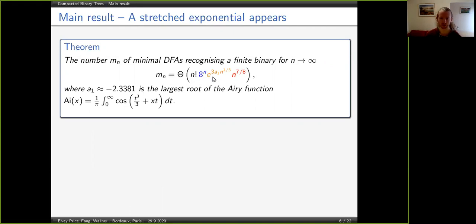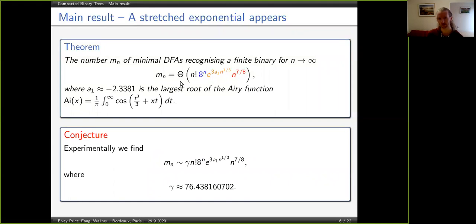So this A1 is this number, which is defined as being the largest root of the Airy function, which is this mysterious function that I'll talk a bit more about on the next slide.